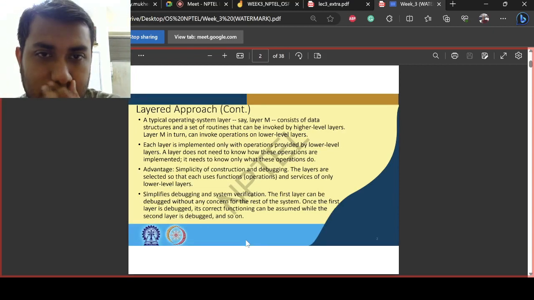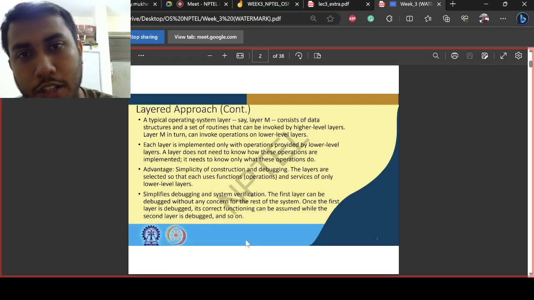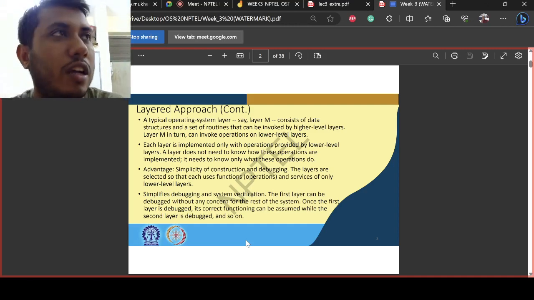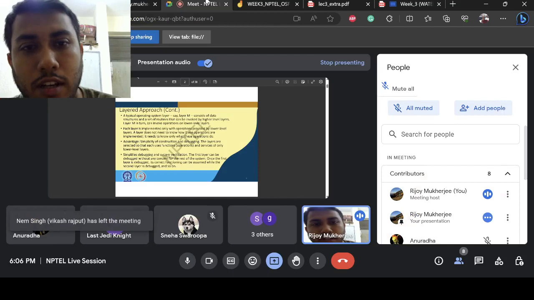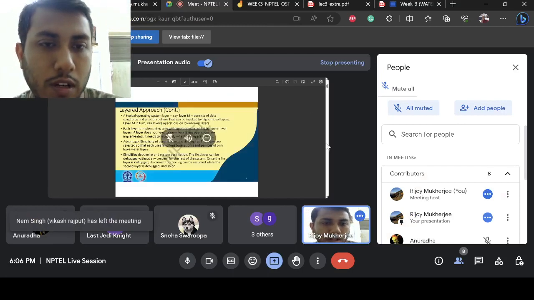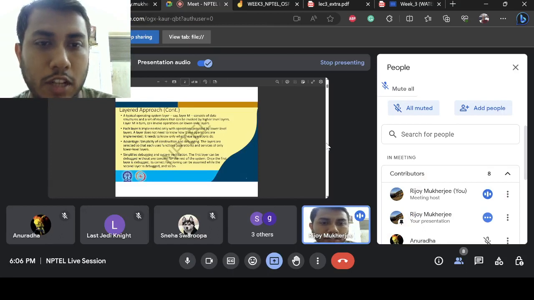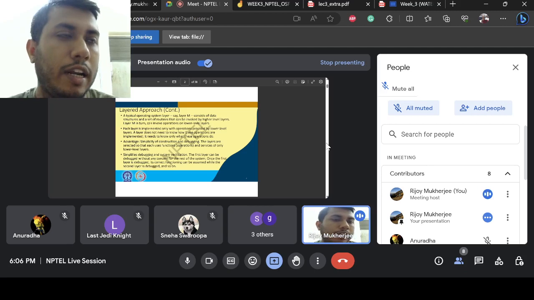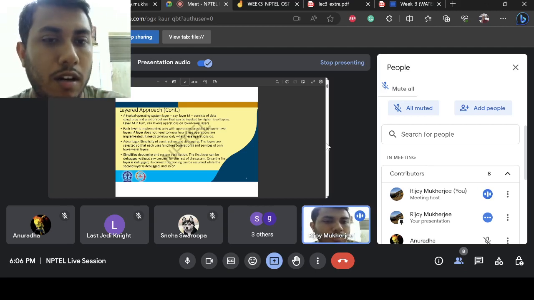A typical operating system may consist of data structures and routines that can be in various layers or levels. Let's take the example of a C code where you have written a data structure for, let's say, a tree. The basic module of a tree is a node.